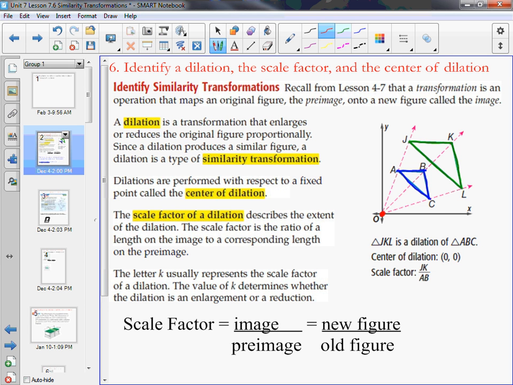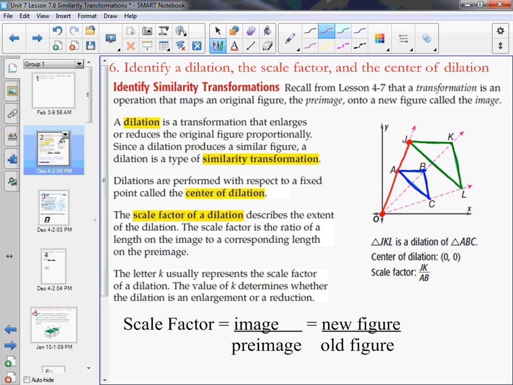I'll show you how to make these later, but here's how you make it. The distance from the center of dilation to A, keep going in that exact same direction, go twice as far, and put point J right there. That's how you get a scale factor of 2, because you went 2 times further.